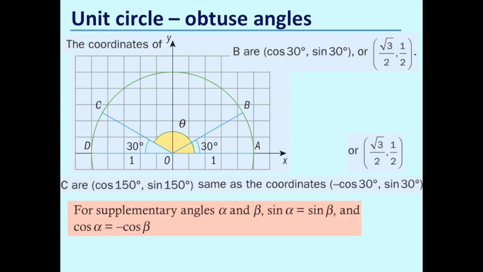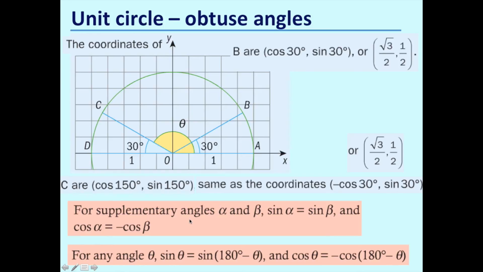More generally, then, we can say that for supplementary angles alpha and beta, sine alpha equals sine beta. So here we've got 30 and 150, so the sine of those two angles is the same, and cos alpha is the same as negative cos beta. So this is the relationship that we can look at more generally.